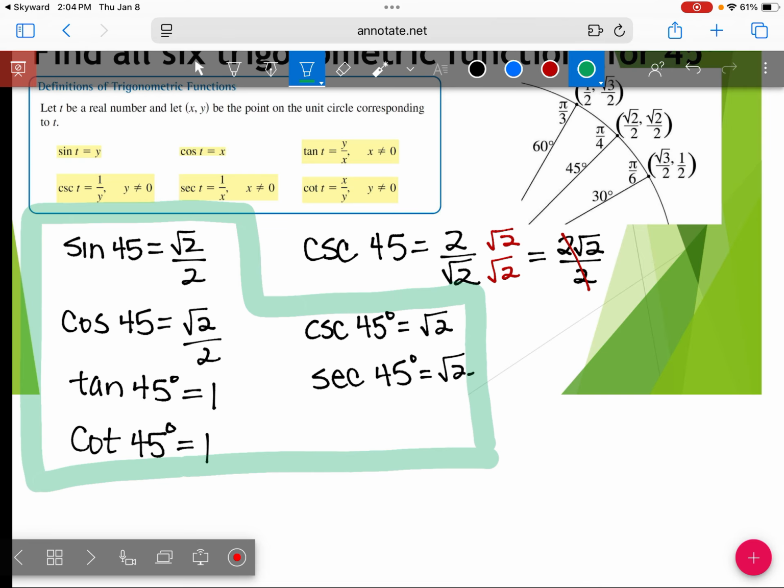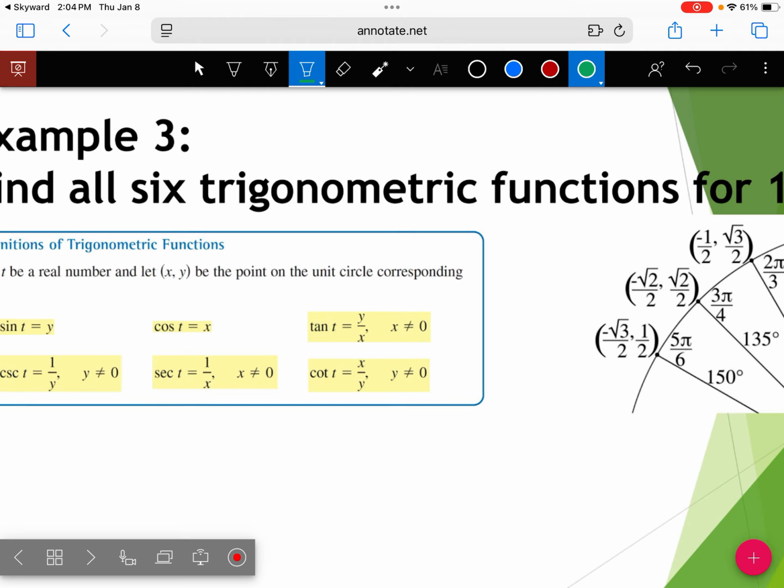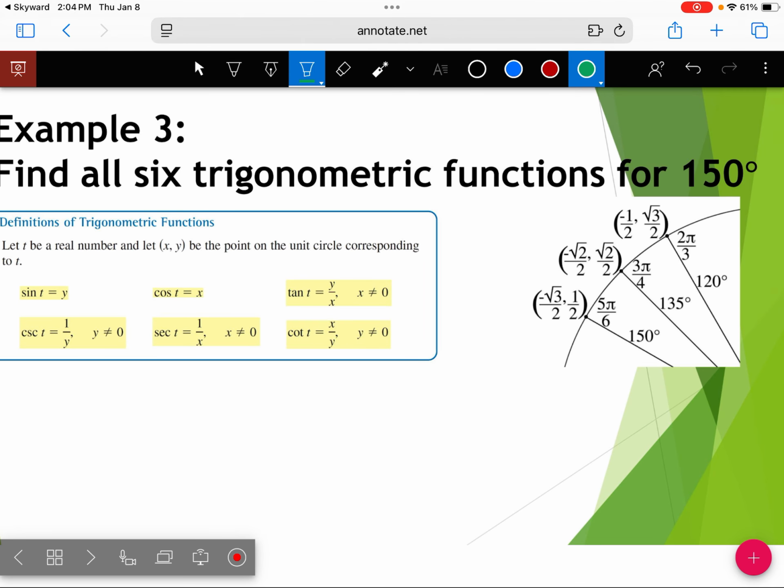Then we're going to fill in the radians on our unit circle. So 150. I'm going to give you a couple minutes, see how many you can get by yourself. So I want you to find all six for 150 degrees. So that would be this one right here.